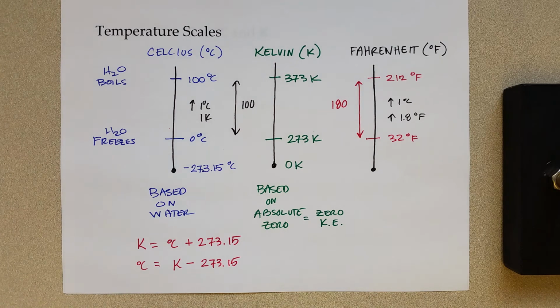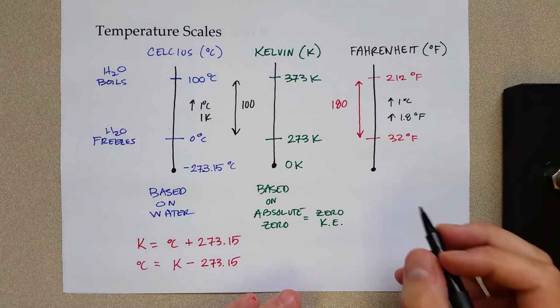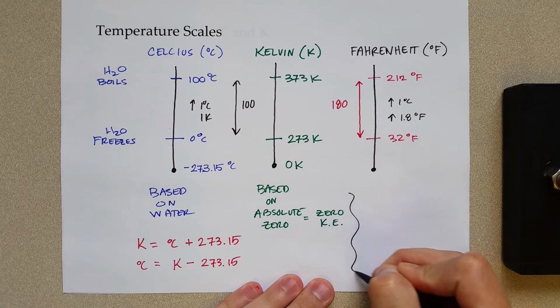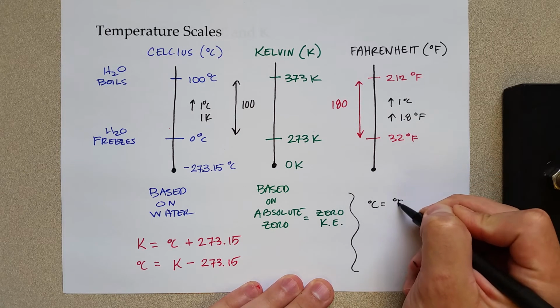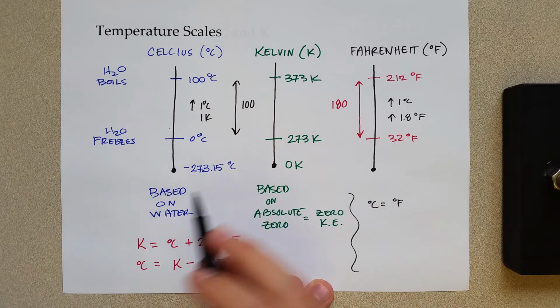And so when converting between Celsius and Fahrenheit, we need to account for both of those features. When going from Fahrenheit to degrees Celsius, we're going to subtract off the difference between the two scales, 32.